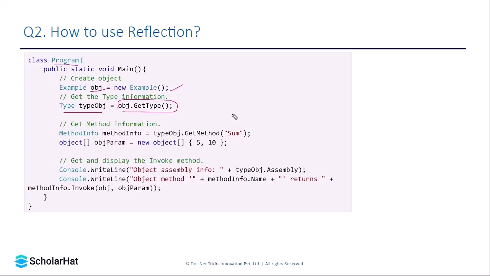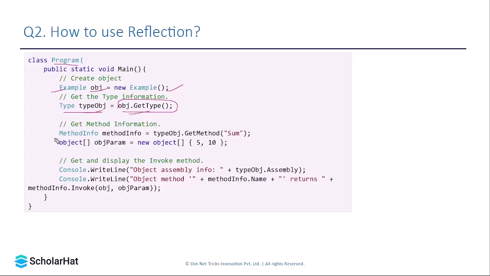By this type it will get everything that is available inside this class: the number of methods, the number of fields, their properties, everything becomes available under this type object when we call object.GetType.